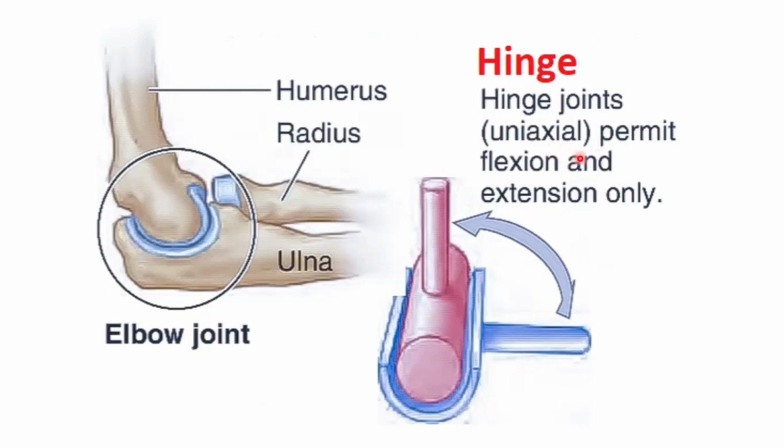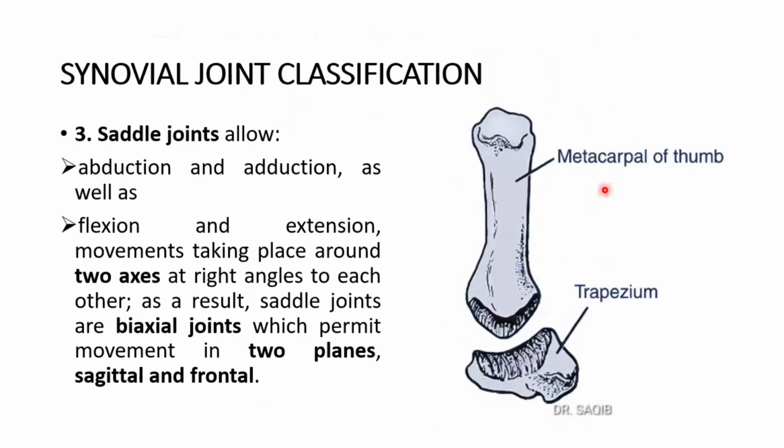Hinge joints are uniaxial and permit flexion and extension only. Here, if you come this part over here, this would be the flexion, and when it goes back over here, increasing the angle, that is the extension. So in flexion, the angle between the bones is decreased, and in extension, it is increased.